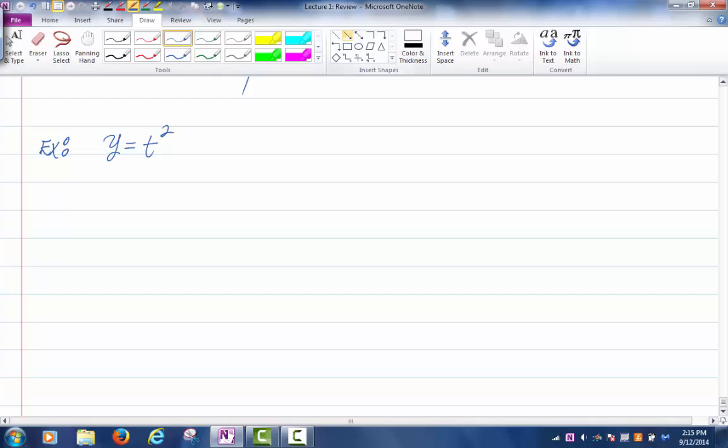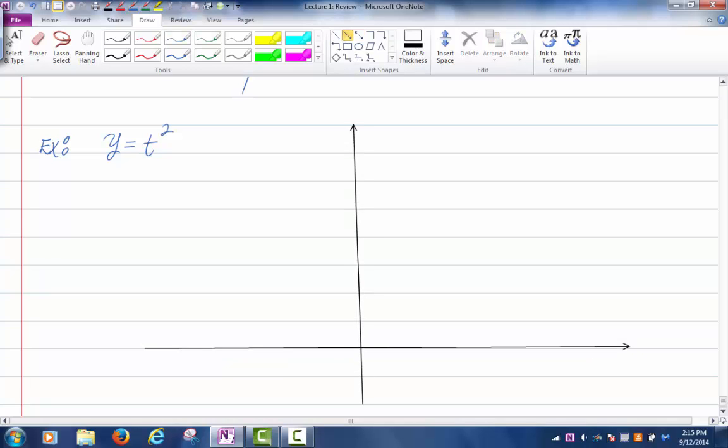Let me draw my x and y axis. I have to be a little bit careful how I draw this graph so that I can make my picture nice.